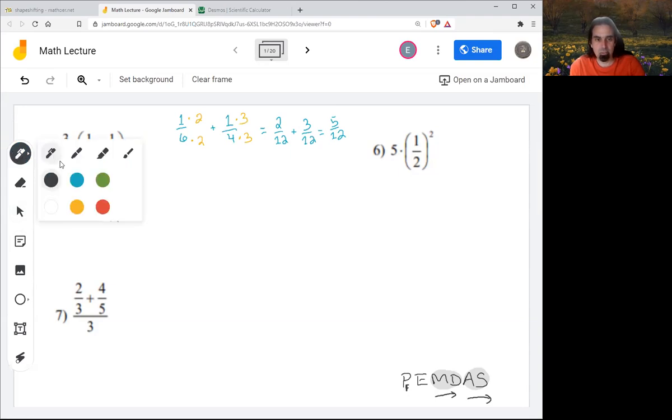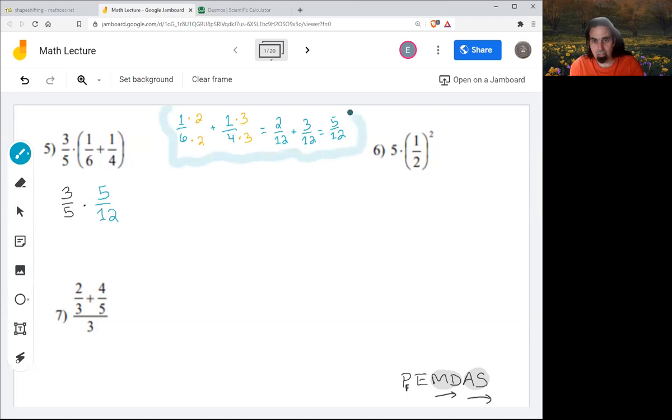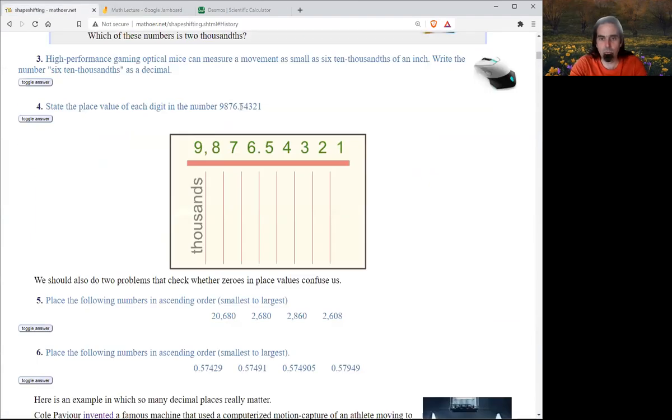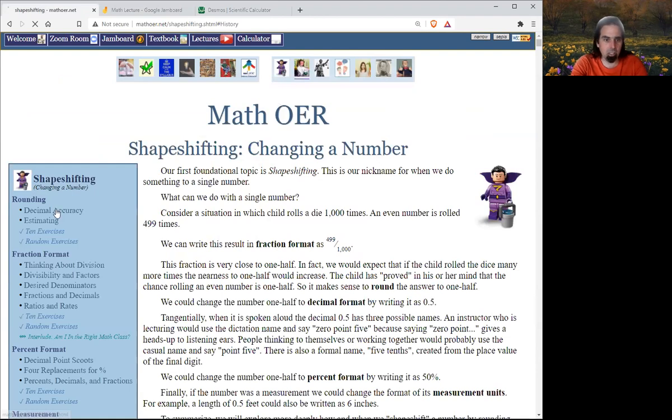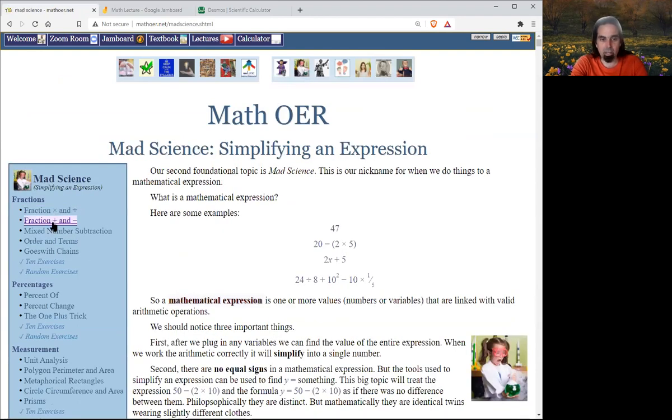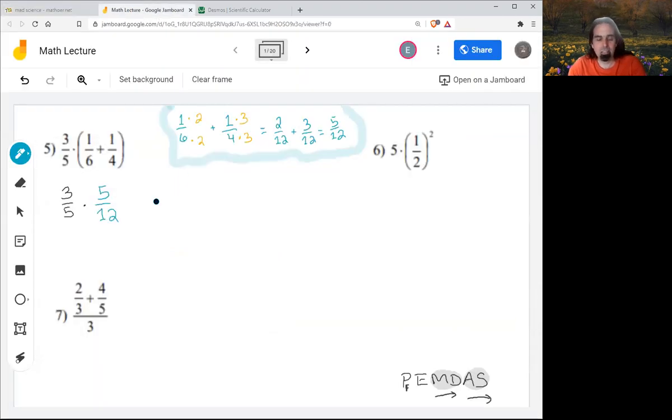Do you have to have a common denominator for subtracting also? Yes, adding and subtracting. And if you want to know why, we talked about that right at the very beginning of the mad science topic here. So go back to those topics. Yeah, I remember that in school.